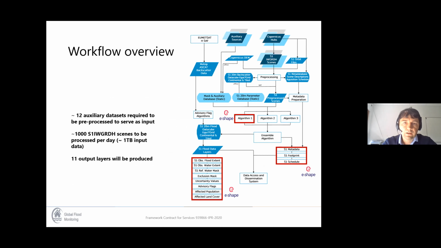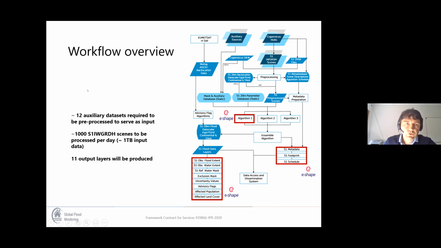Here you see the entire workflow. I put here in red all the components of the system that are directly related to eShape. So there's the algorithm that we at our institute have developed, plus the design of all these other products that the system should output on a regular basis.